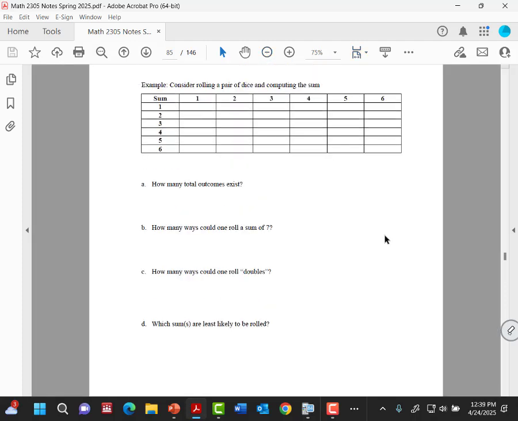And so what I'm going to fill in the body of this chart right here is very basic. If I roll a 1 and a 1, the sum is a 2. A 1 and a 2, the sum is a 3. A 1 and a 3, the sum is a 4, 5, 6, 7. A 2 and a 1 is a 3, 4, and we can just fill the rest of this chart in pretty easily.